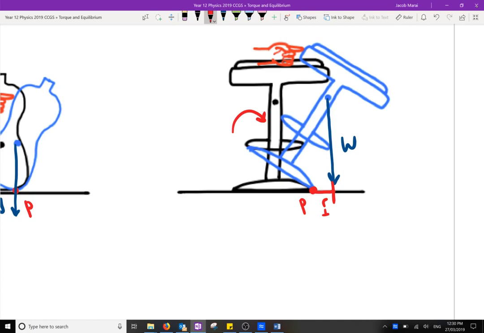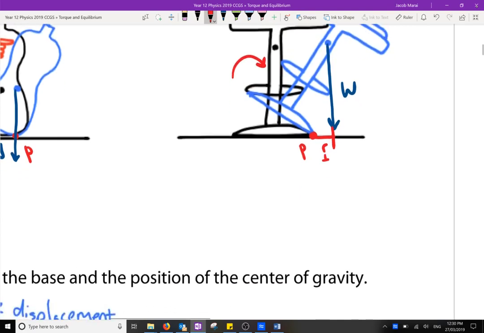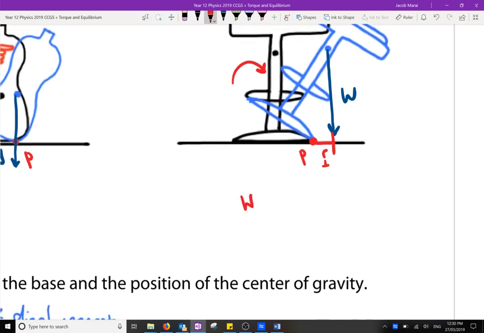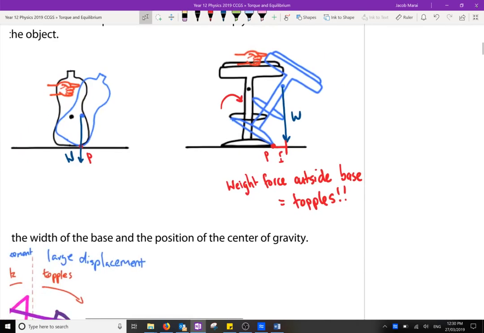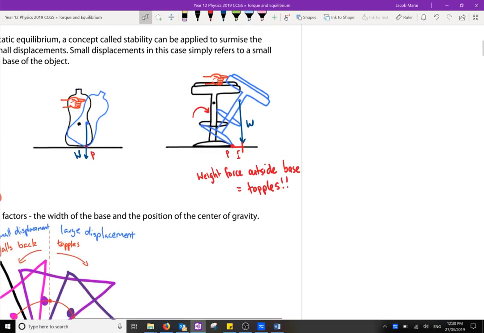Now, the weight force is outside the base. It produces a clockwise moment. So could you just please write a note down here? Okay, it will topple. Okay?